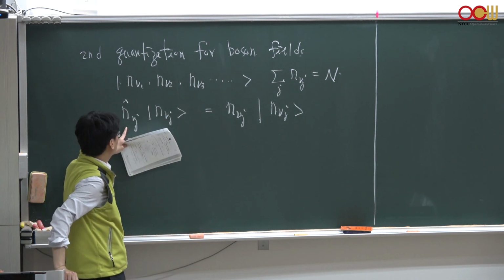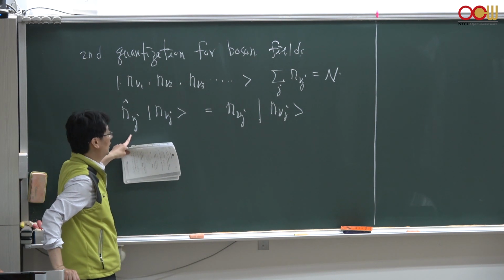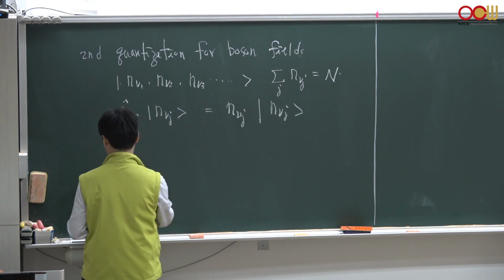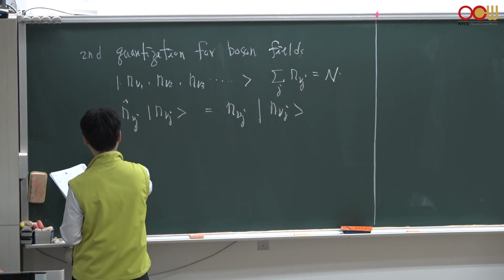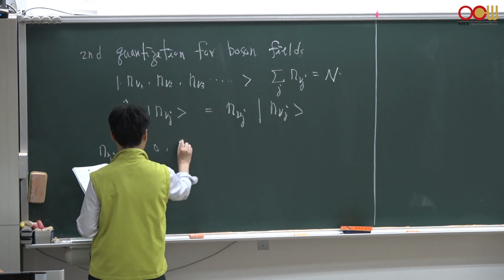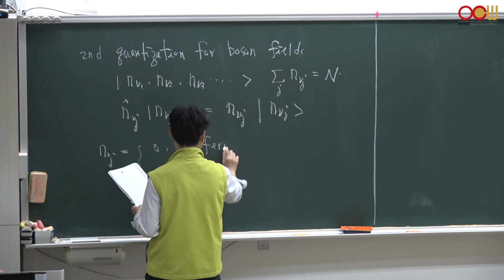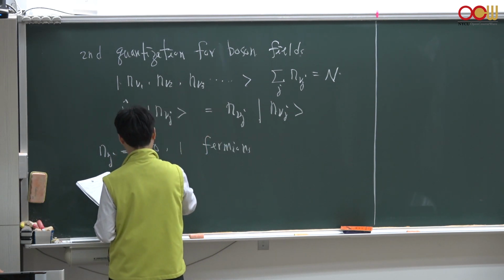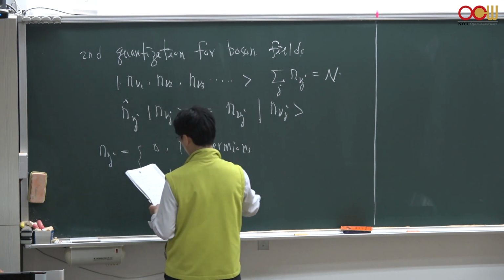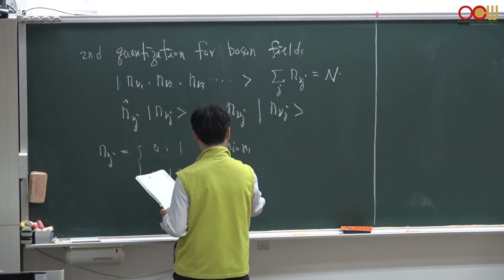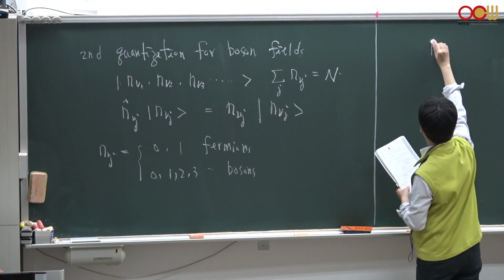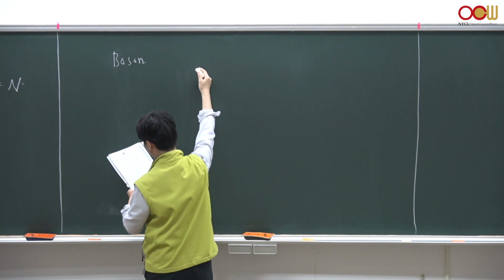So n hat nu j counts the particle number when you do such an operation. This n nu j is 0 or 1 for fermions, but it could be any integer up to infinity for bosons. We can use a cartoon picture to illustrate the difference between fermions and bosons.